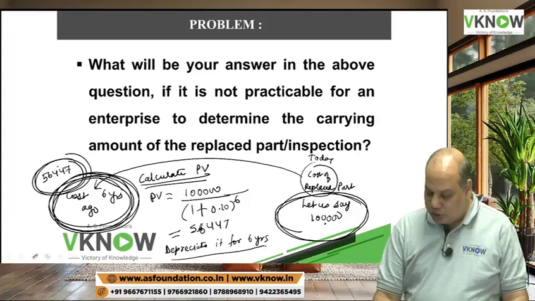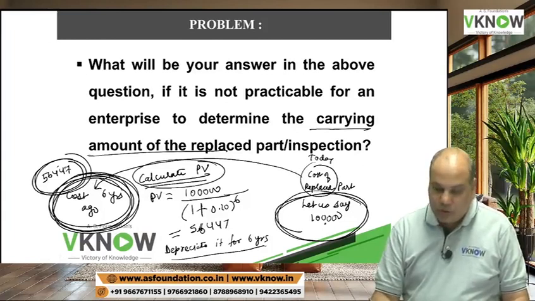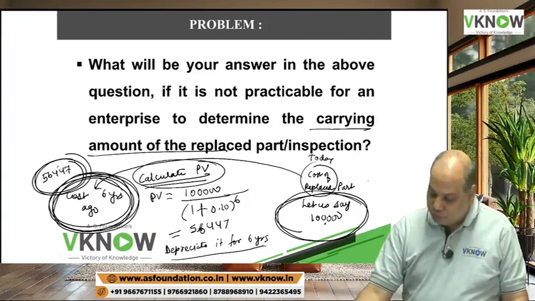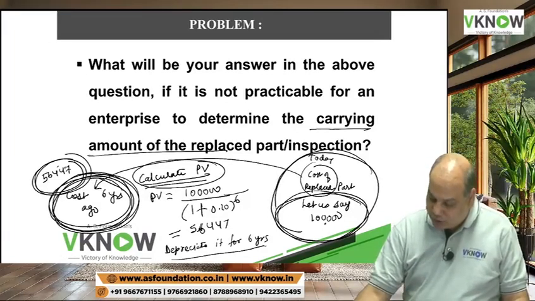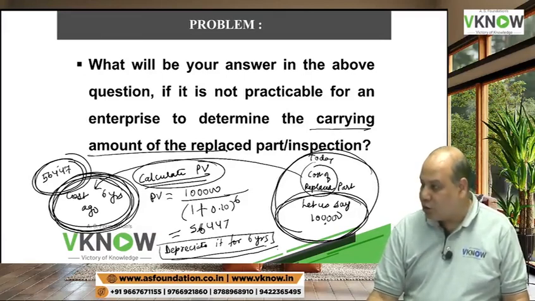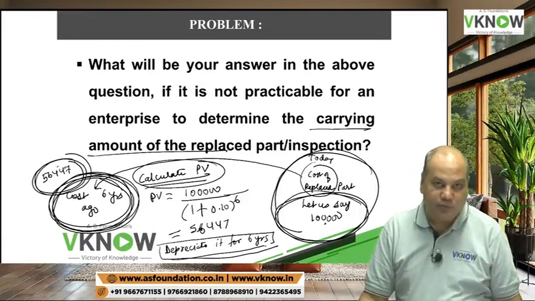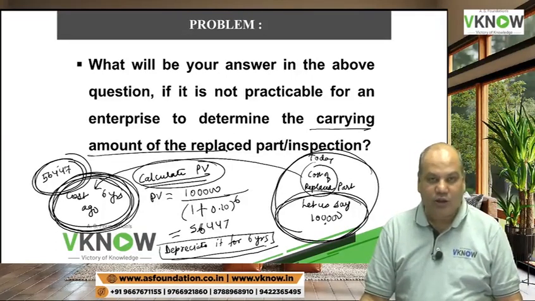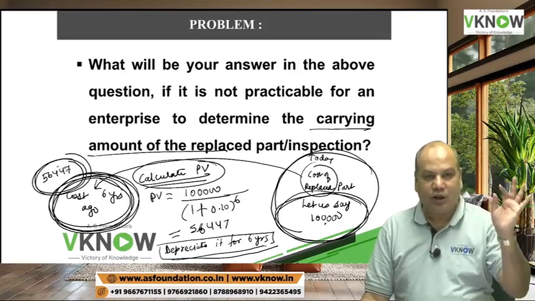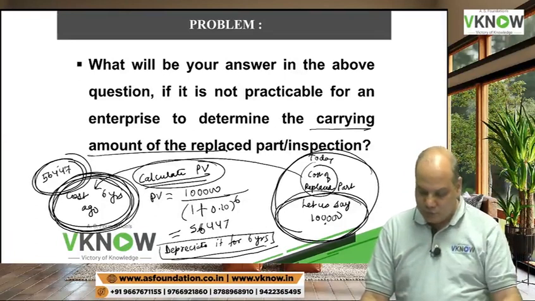So it involves two steps to find the carrying amount of the replaced part. Step 1, find the present value using today's price, then depreciate it for the number of years completed, and that will give me the carrying amount of the replaced part today.